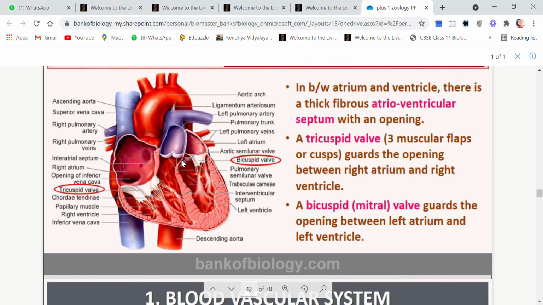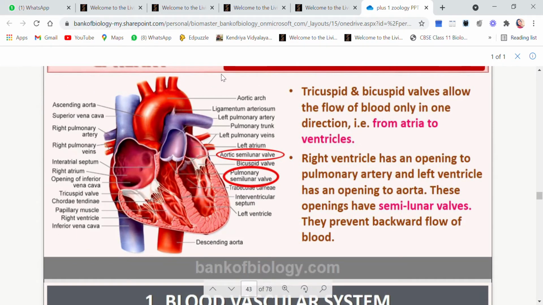This also has an opening, but here this opening is called bicuspid valve because it is having only two muscular flaps. So on the right side the valve is tricuspid, on left side the valve is bicuspid. Right?